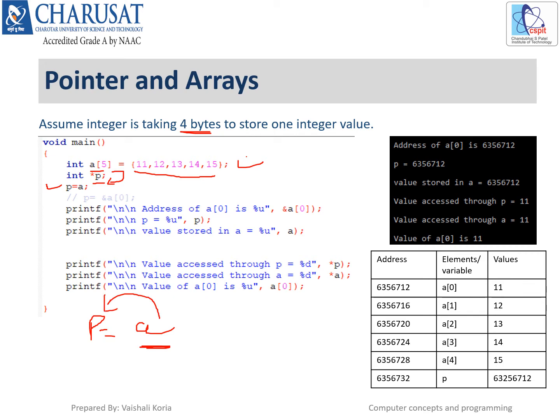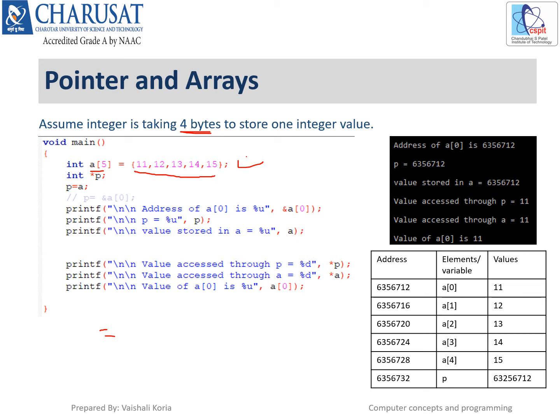Okay, now the same task can be executed using this statement also, p is equal to address of a of 0, right? So you can write either statement to assign the address of the array to the pointer variable. Okay, now we'll see what the outputs are for different printf statements.